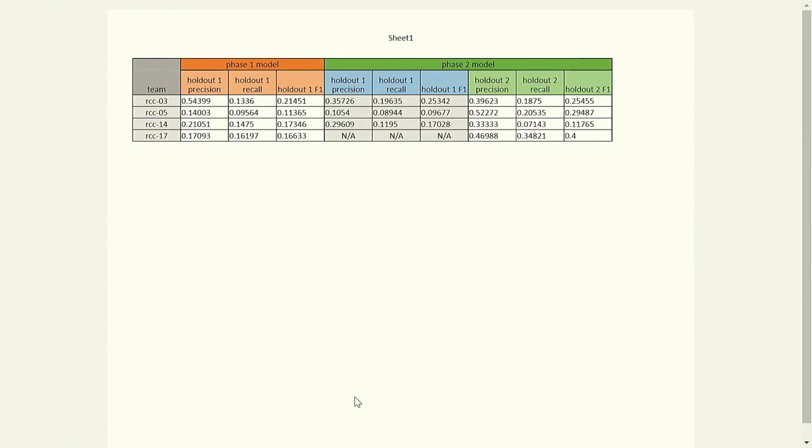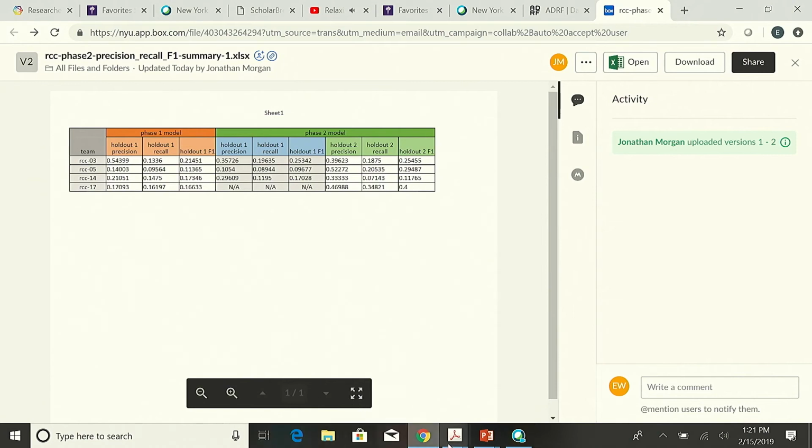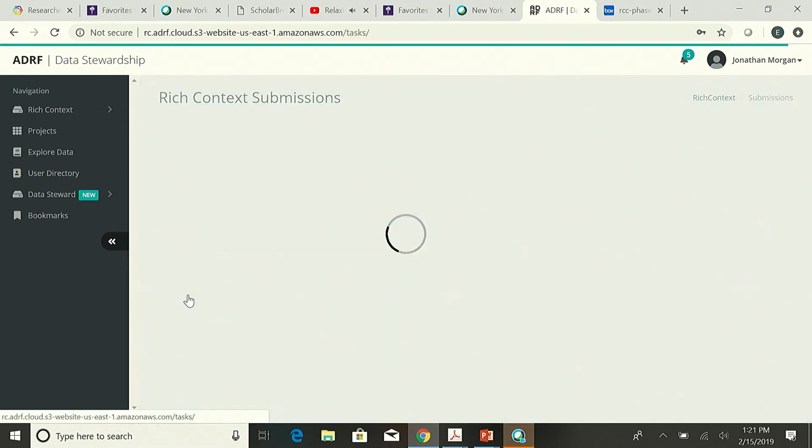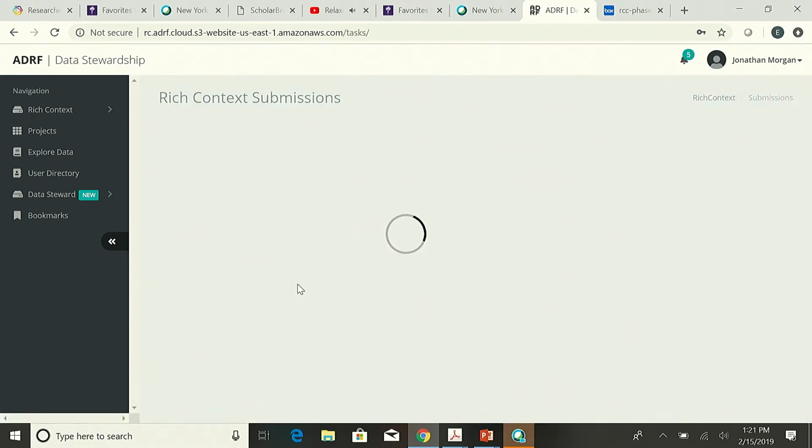Because our phase 2 holdout was wild and we didn't have any of that pre-coded, we went for something that was a little bit different. I'm going to switch over to the tool. We picked 20 publications from each of 6 topic areas, like education, business. So we picked 120 publications, we ended up with 123.